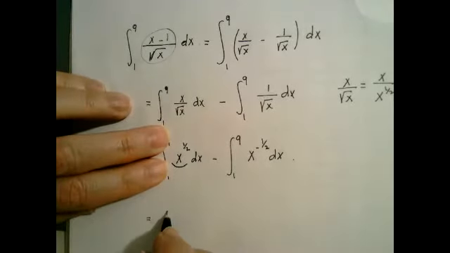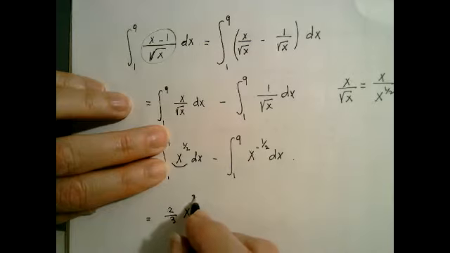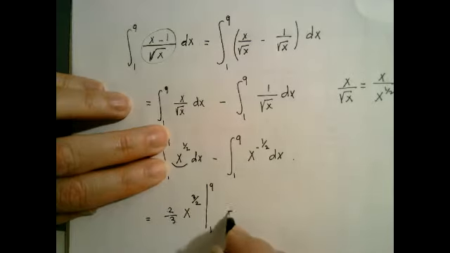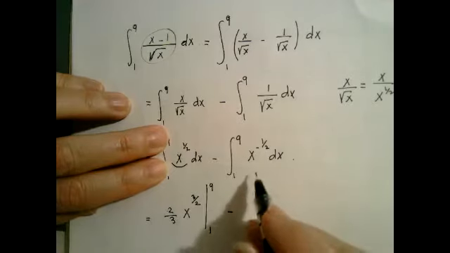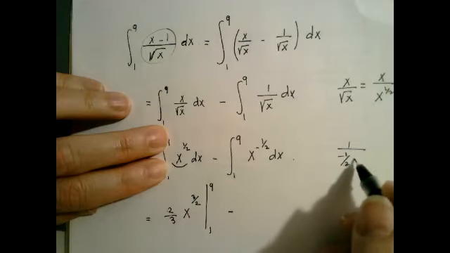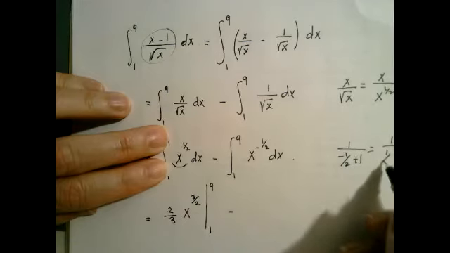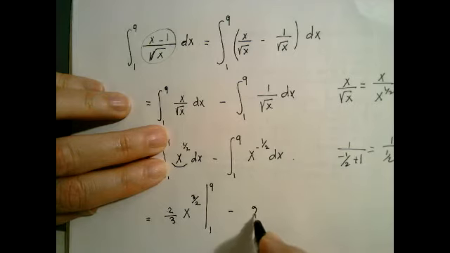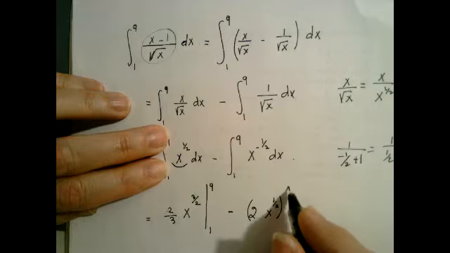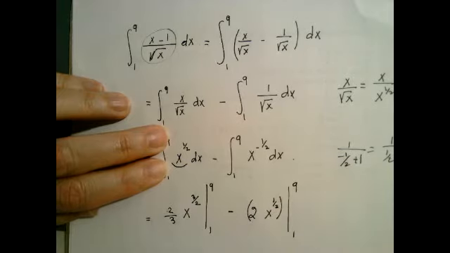The antiderivative is 1 over a half plus 1, which means 1 over 3 halves, which will give me 2/3 x to the power 3 half, evaluated between 1 and 9, minus 1 over minus a half plus 1, which is 1 over a half, which is 2. So I will get minus 2 x to the power a half, evaluated between 1 and 9.